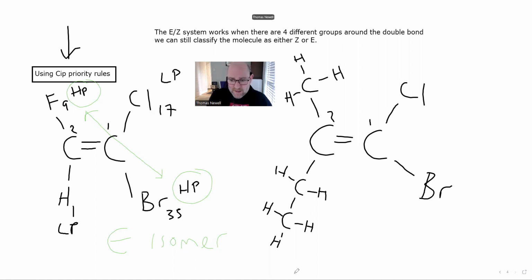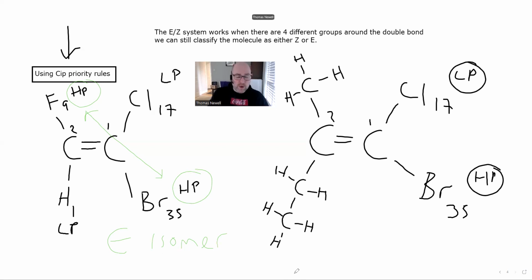So you had to say, I go to carbon 1 first. I look at the atomic number of the bromine and the chlorine. The bromine has a higher atomic number than the chlorine, so the bromine is high priority. And the chlorine with the lower atomic number is low priority.